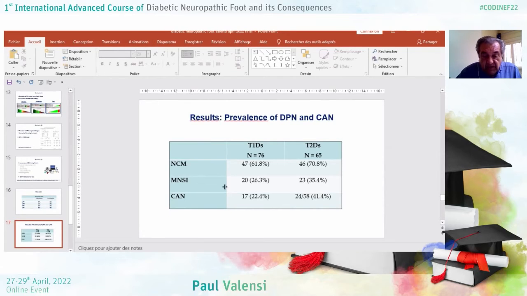When using MNSI, the prevalence was far lower, 26% in type 1, 35% in type 2. So far more patients are detected with peripheral neuropathy when using NCM. And CAN was present in 22% of type 1 and 2 times more among patients with type 2 diabetes.